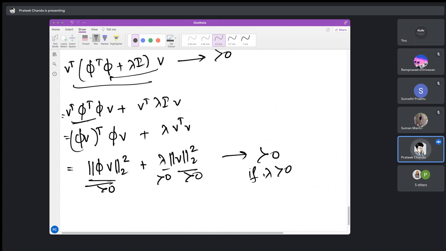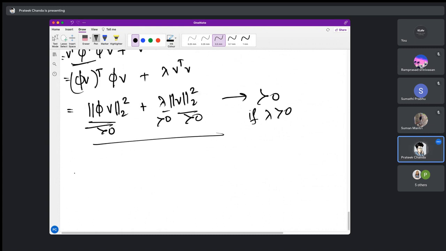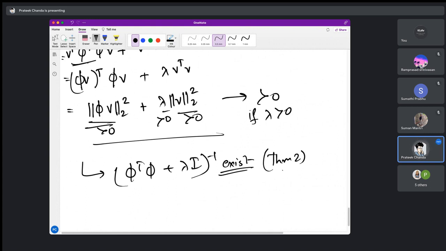So for lambda greater than or equal to 0, my expression comes out greater than or equal to 0, and I can say phi transpose phi plus lambda I inverse exists by theorem 2. That's a way to see why this inverse would always exist.